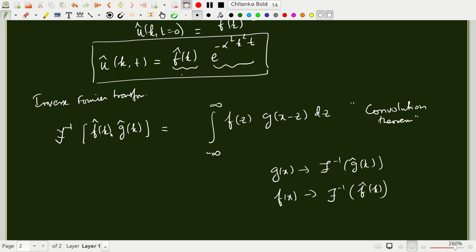So we have products of two functions in the Fourier space. In the real space, the inverse transform looks like an integral of the product of the two functions in real space, with z as the dummy integration variable. Once you integrate over z, you have only x.